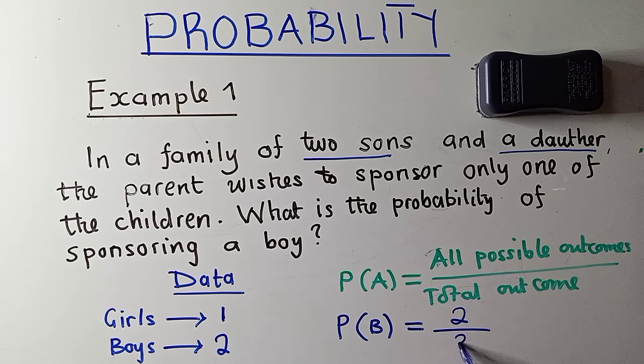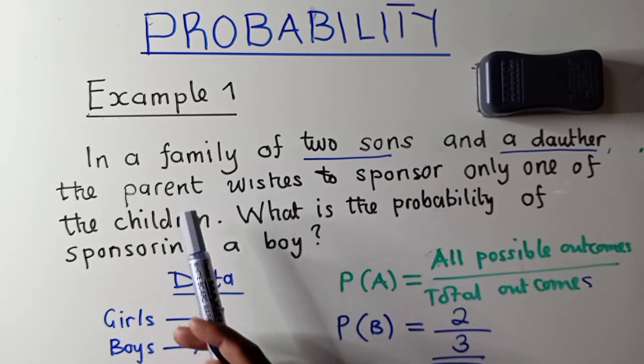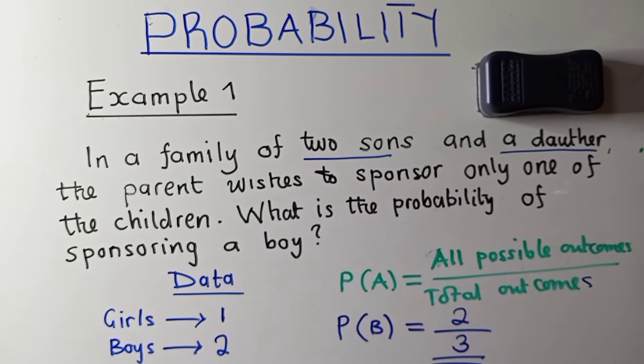So it's 3. How do we find the total outcomes? We just add this plus this. So this is how we find the probability, and it's the answer for example number 1.